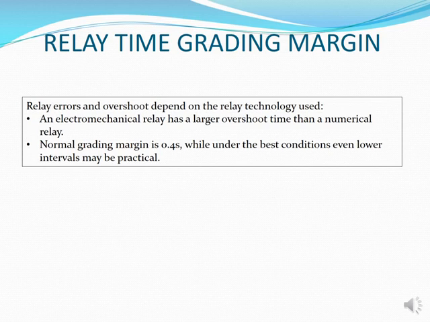An electromechanical relay, which was the first of these, has a larger overshoot time than numerical relays. So your normal grading margin was 0.4 seconds, while under the best conditions even lower intervals may be practical. That's why they can give you ones that are 0.35, and maybe sometimes 0.3.